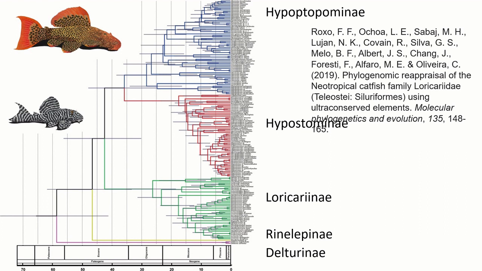If you're saying Pseudorinelepis is a pleco, it would be paraphyletic, because that branches out much earlier. So if this is a pleco but not this, it would be paraphyletic. It just doesn't make sense, because you're picking and mixing, and who knows what someone's talking about when it comes to that sort of thing.